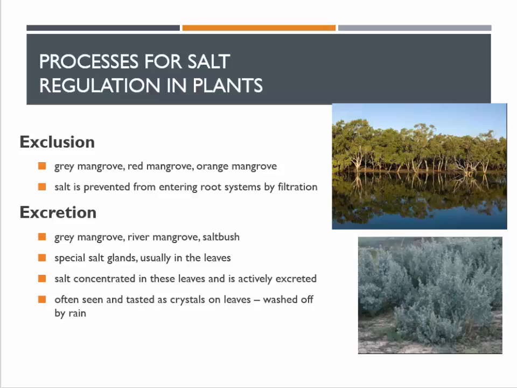The next one is excretion, and I think in my head it makes this the most effective adaptation to have. The plant, whether it be a mangrove or a salt bush, has special glands, usually in their leaves, that push salt out, and it crystallizes, and then if it rains or there's spray, it will be dissolved and washes off the plant, so it actually leaves the plant physically, which is a pretty cool adaptation to have.